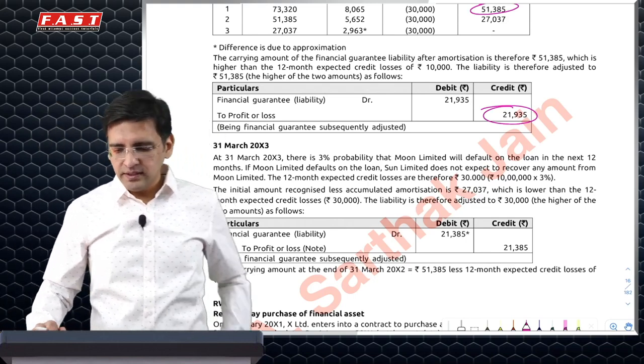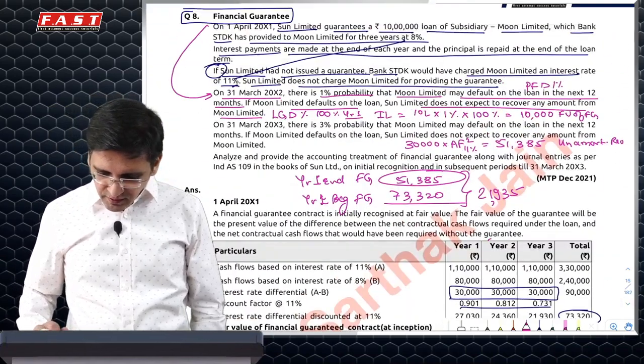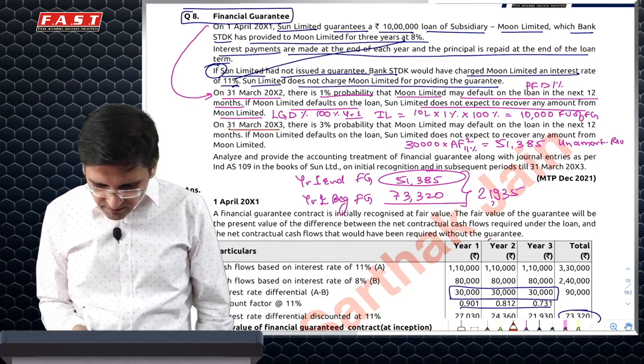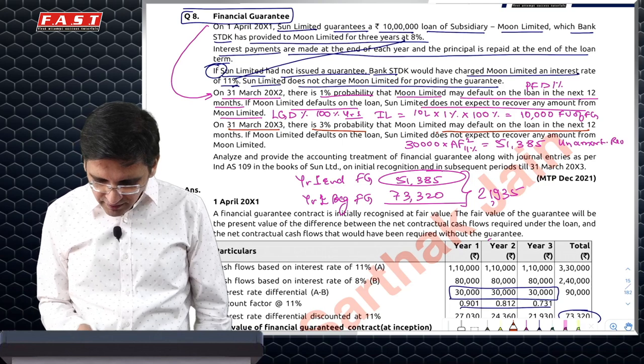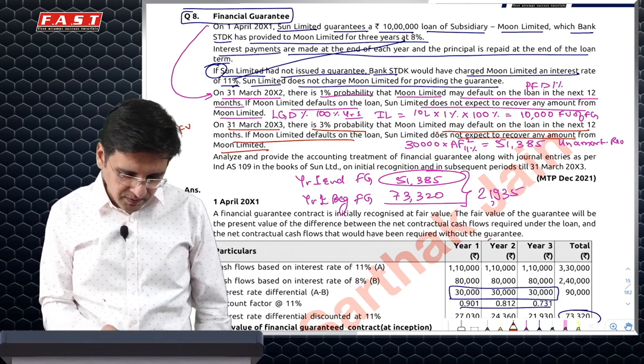Now what happens at the end of second year? Similar calculations follow. At the end of second year, you will calculate this value. So it says 31st March 3% probability, and if default happens, nothing is expected to be recovered. So financial guarantee fair value would be 30,000.